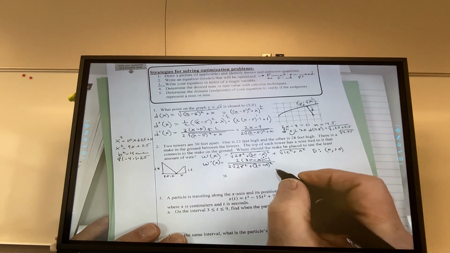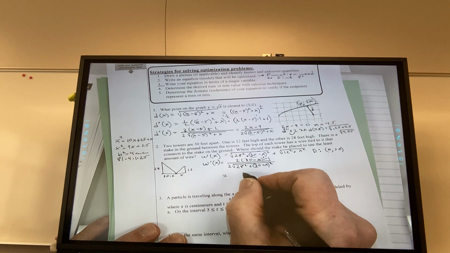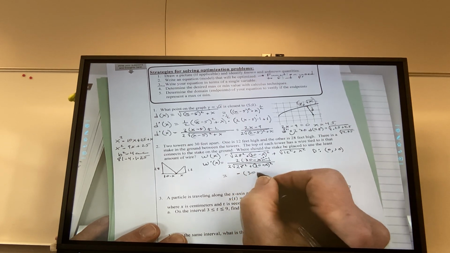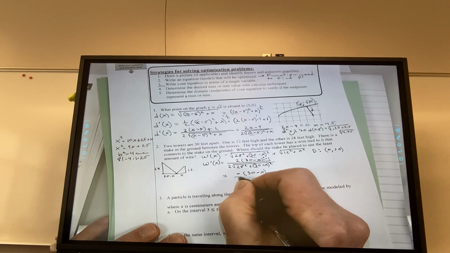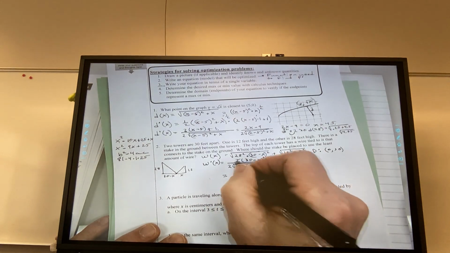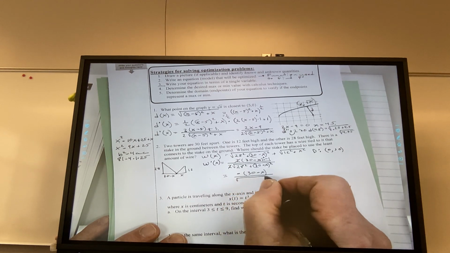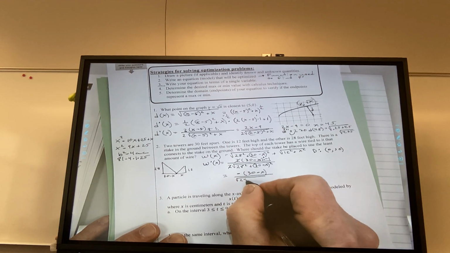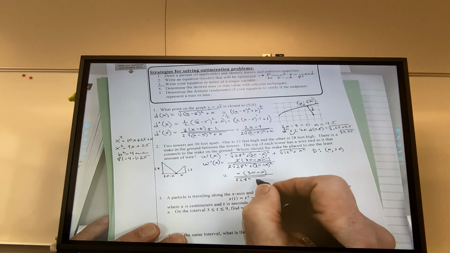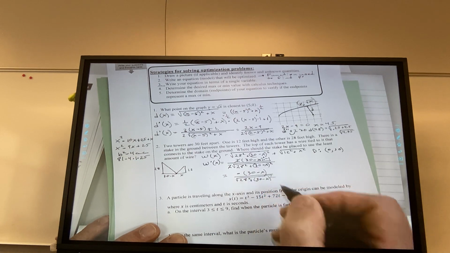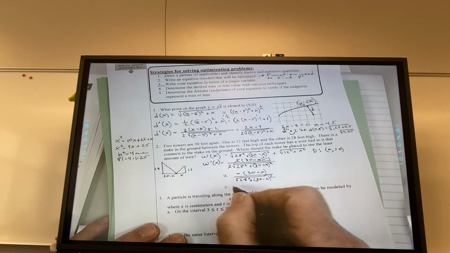Okay, so now it's going to simplify to a negative parentheses, 30 minus x, over, because I can get rid of these 2's now because I'm multiplying, the square root of 28 squared times the quantity 30 minus x, that quantity squared, which is the same as this.